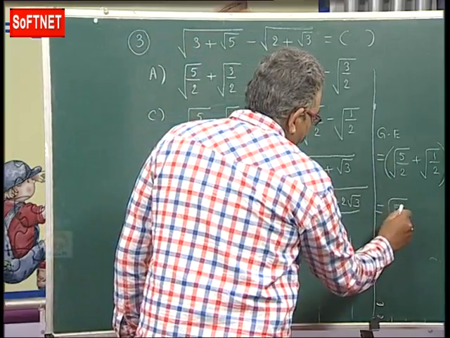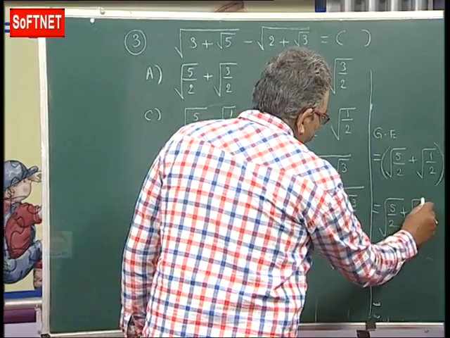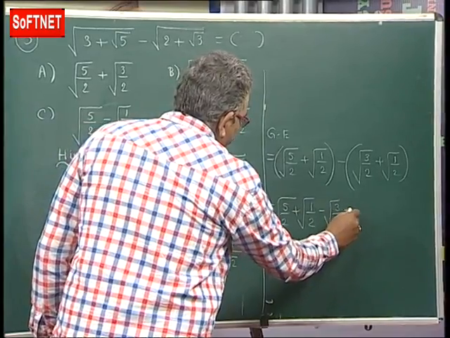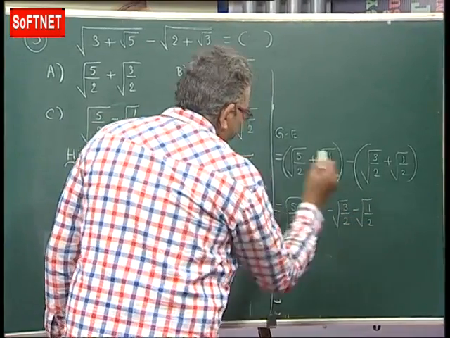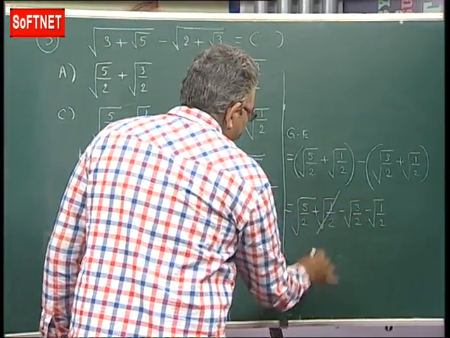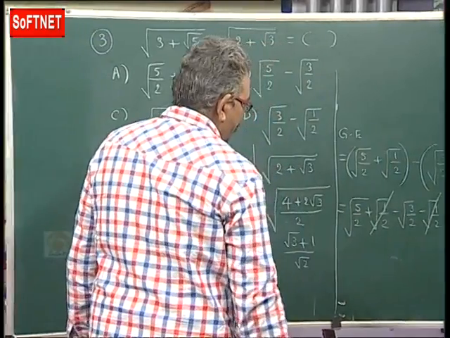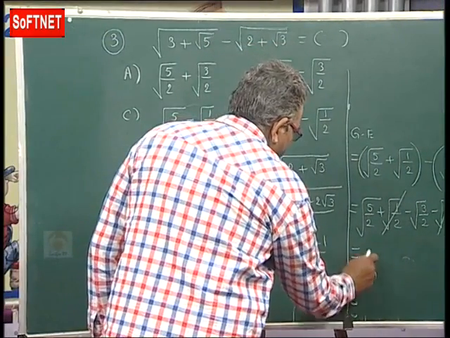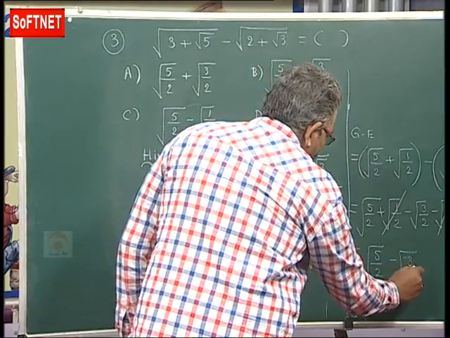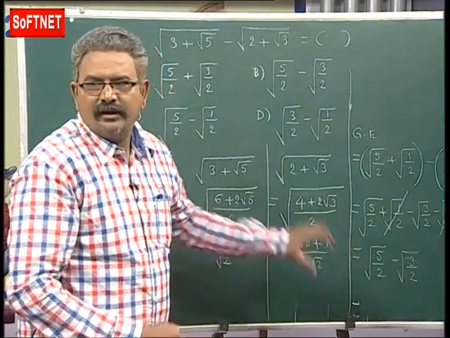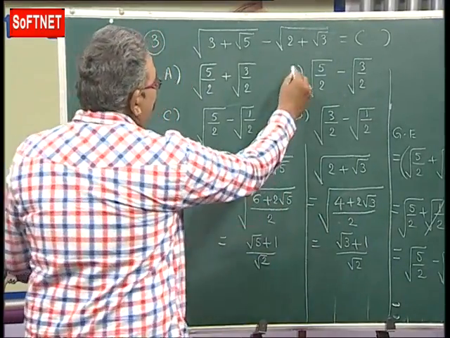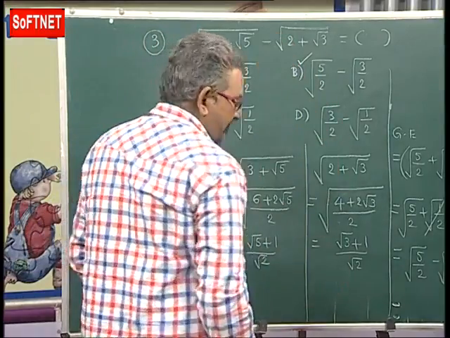Root of 5 by 2 plus root of 1 by 2 minus root of 3 by 2 and minus root of 1 by 2. What do we get? This root of 1 by 2 and this root of 1 by 2 get cancelled. So what is remaining? Root of 5 by 2 minus root of 3 by 2. This is the answer. So now check: yes, option B is the right answer.